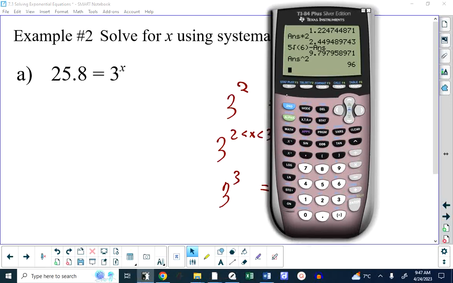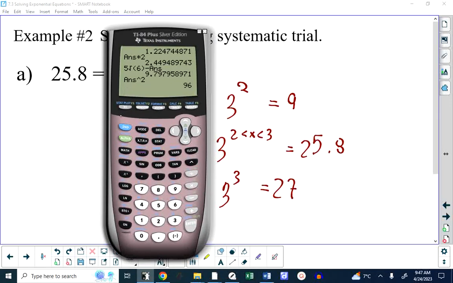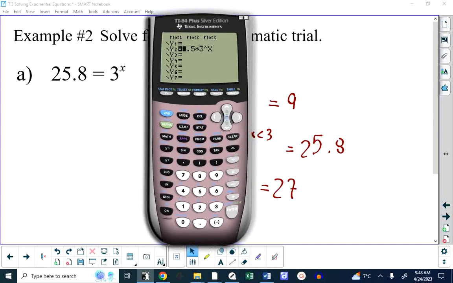I think your textbook kind of leads you down this path that what you start doing is putting in values for x. And that's fine. We could try 3 to the 2.5. Not quite there. I'm a big fan of using my tables. So I'm going to put in for y 3 raised to the x.